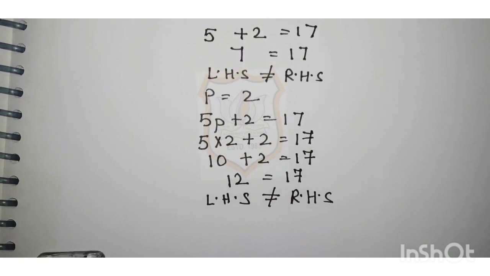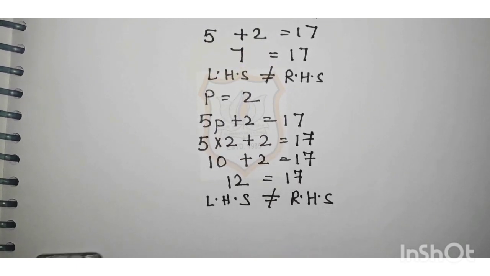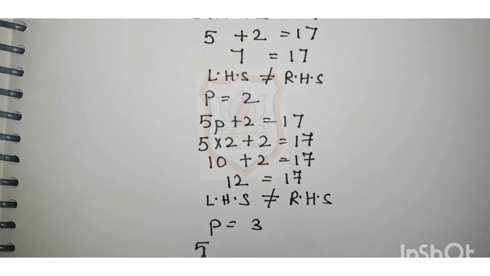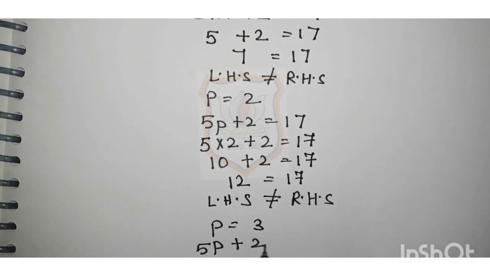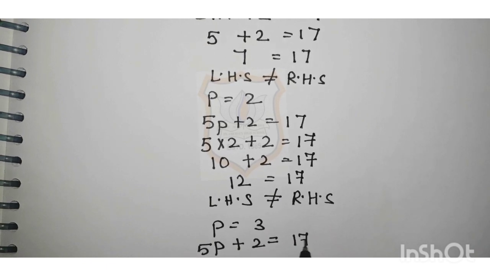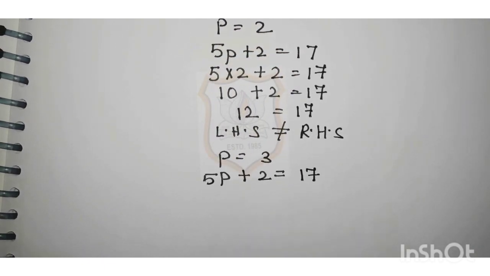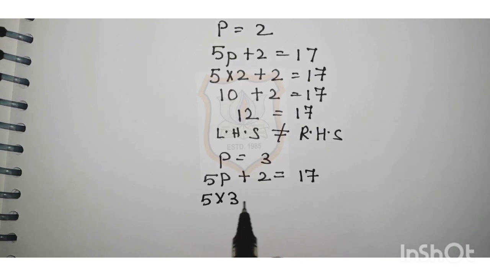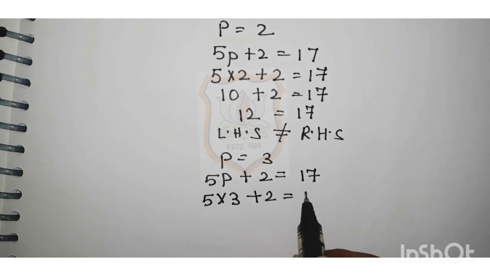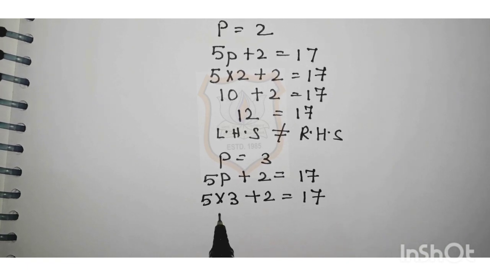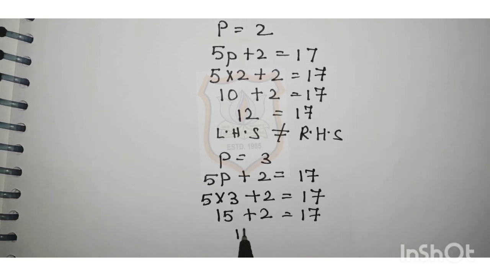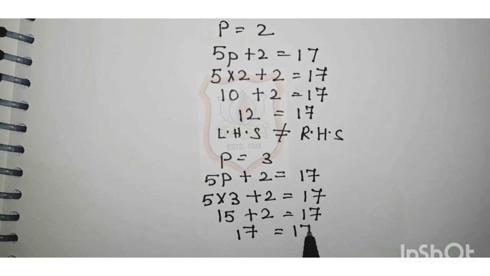Now I will again put the value of p is equal to 3 in 5p plus 2 is equal to 17. Now in place of p, I will put 3. So 5 into 3 plus 2 is equal to 17. 5 threes are 15, plus 2 is equal to 17. 15 plus 2 is equal to 17.